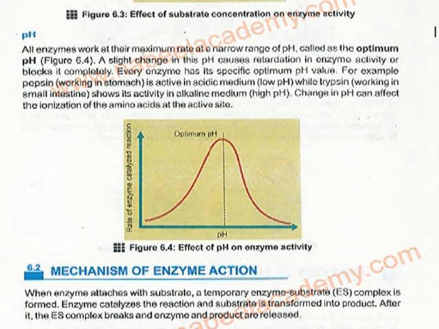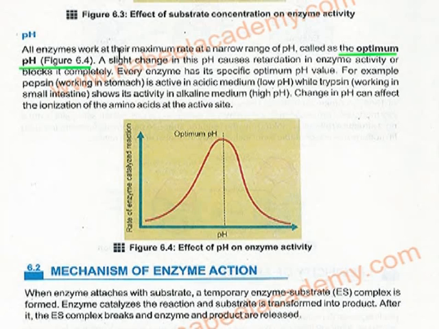All the enzymes work at a specific pH. Each and every enzyme has a different pH, and that is known as an optimum pH. There is a narrow range of pH, for example, the enzyme may work at a pH of 5.5 to 6.5, so it is a very narrow range.